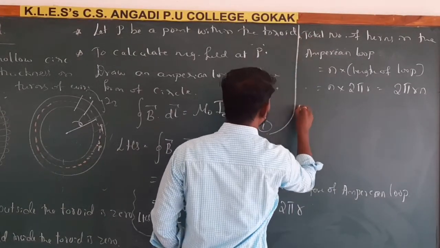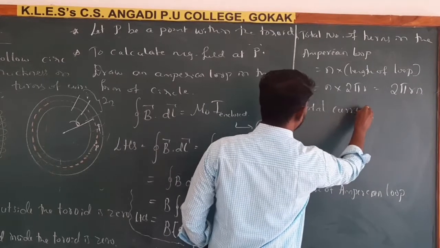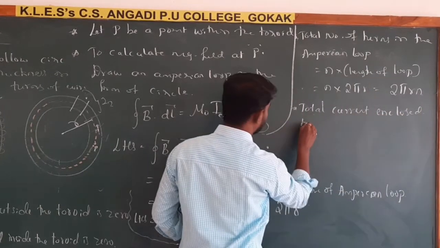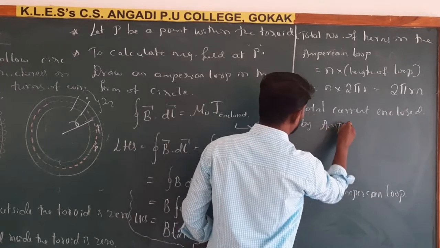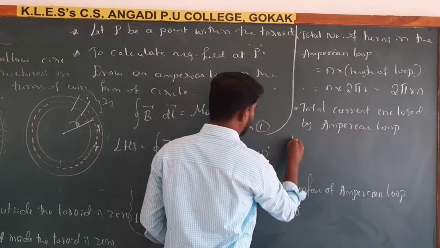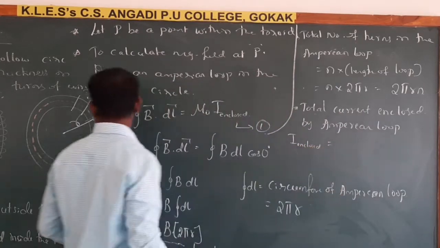Next important point: the total current enclosed by the Amperian loop, which I call I enclosed. We will discuss how much current is enclosed inside this Amperian loop.